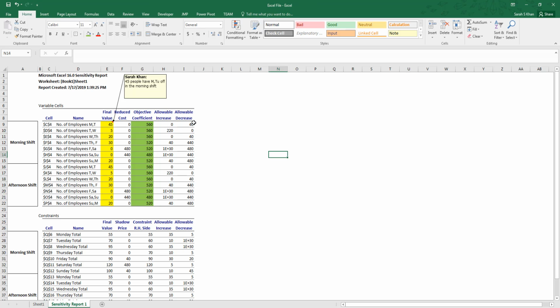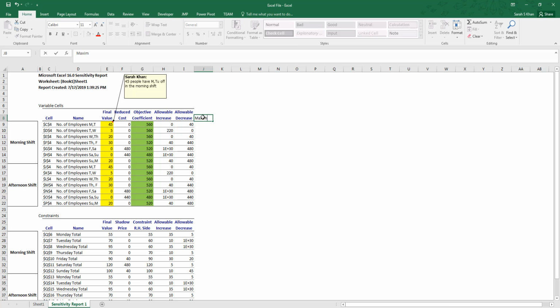Allowable increase and allowable decrease represent how much more or how much less we can pay each of our employees based on which of the days they're taking off without changing our final solution or final value. This in turn helps us to determine our maximum and minimum wage that we can move in between without affecting our final solution or final value.